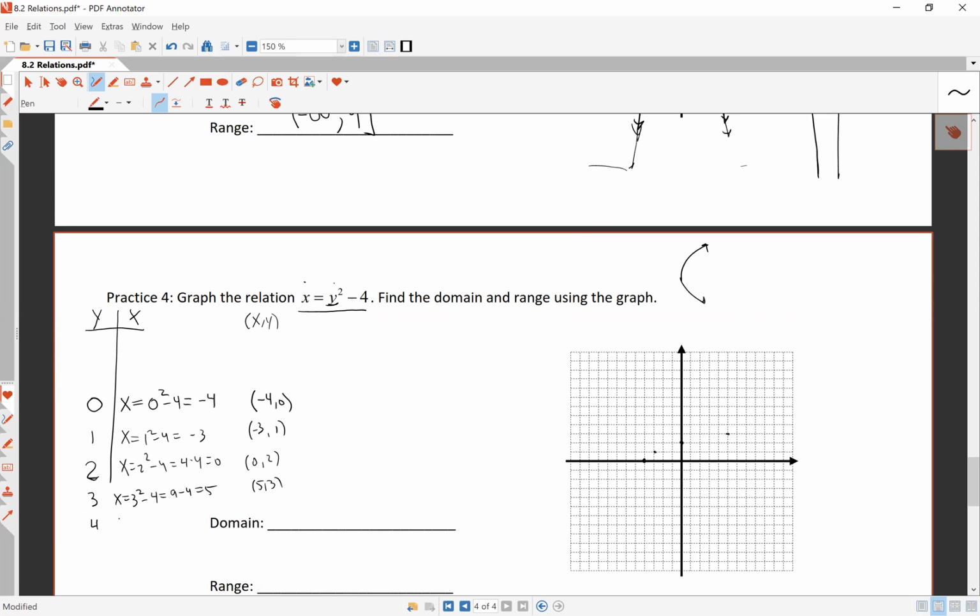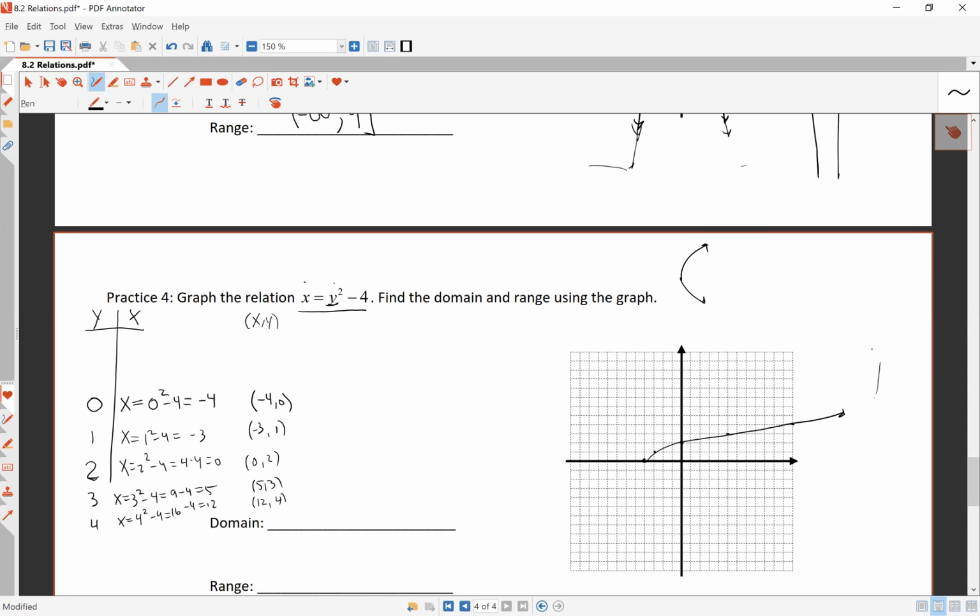And plugging in 4, we have x is equal to 4 squared minus 4, or 16 minus 4, which is 12. All right, that's as far as we can go there. The graph is going to continue going up from there.